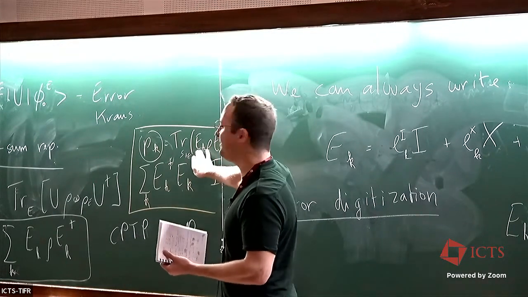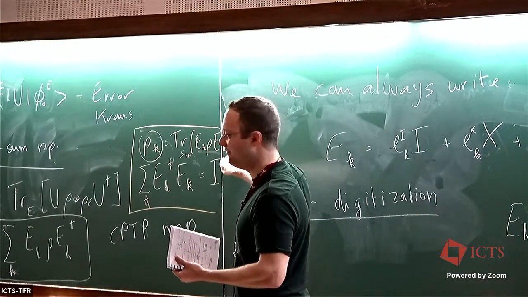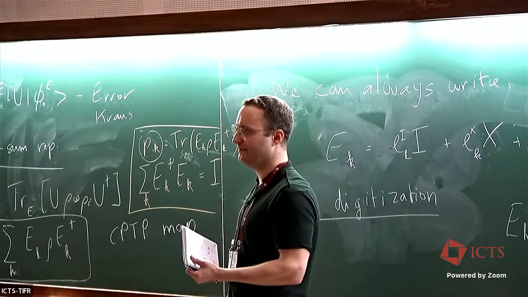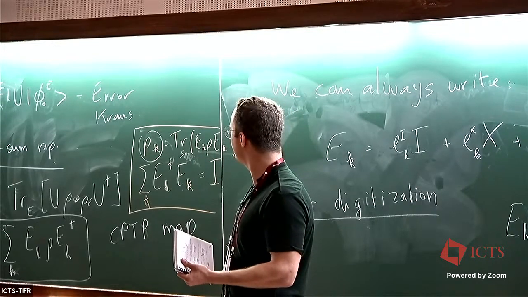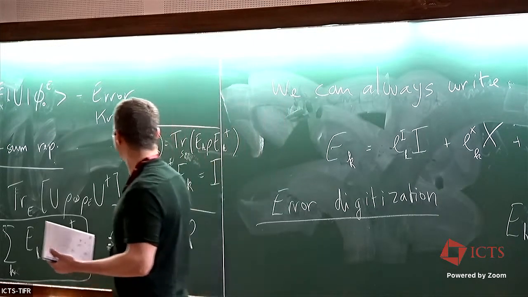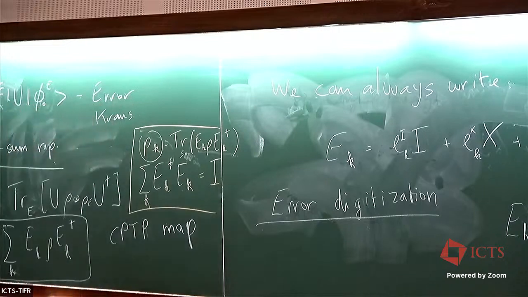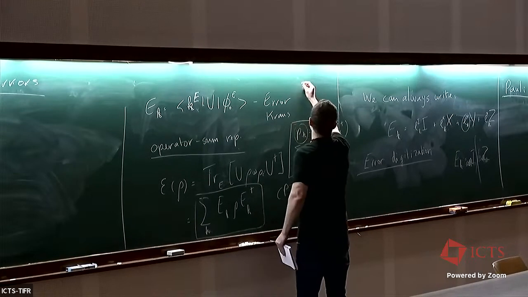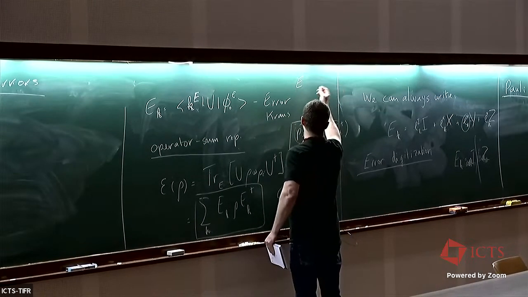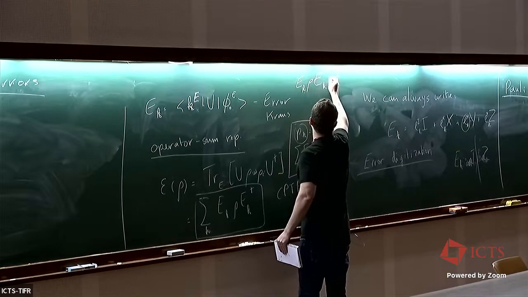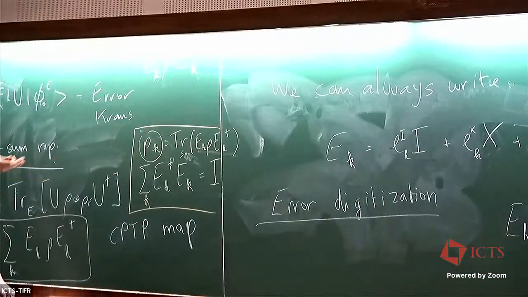Actually, this does not have any environment degrees of freedom, so it's already been traced out. So it's system. The state, given that you measured K, is E_K rho E_K dagger. And the probability of this is just the trace of that thing.